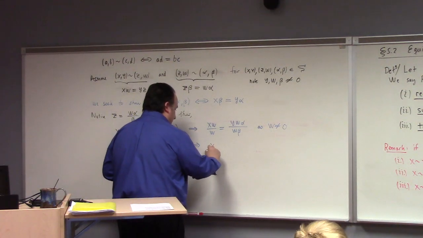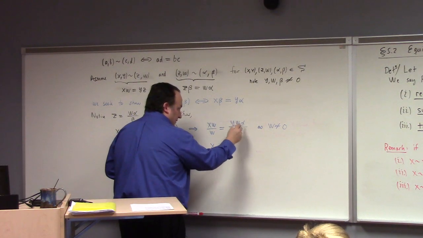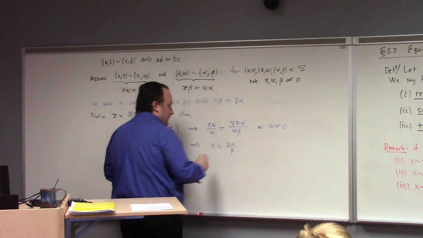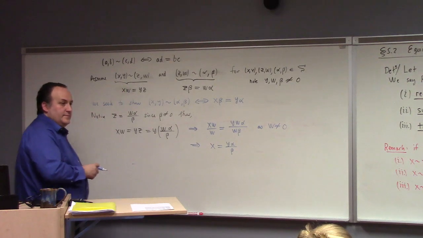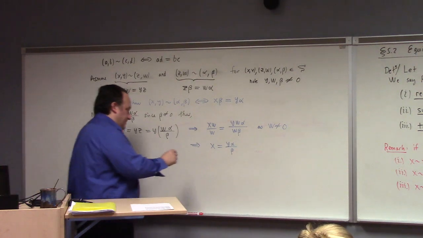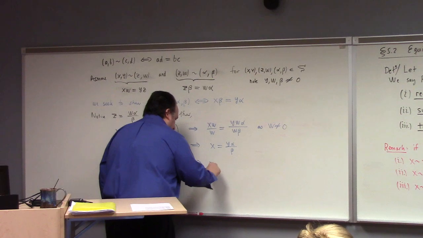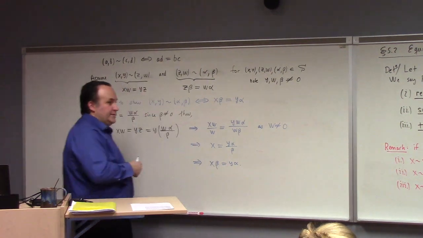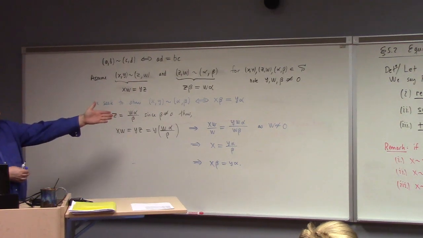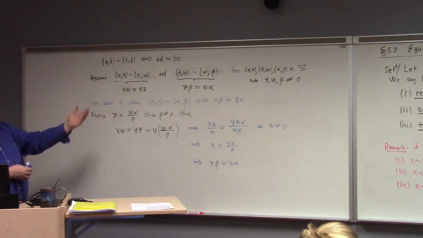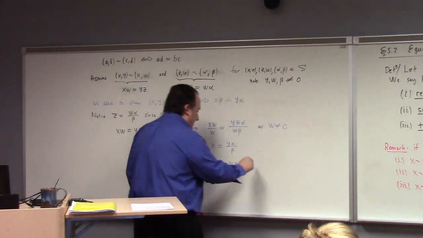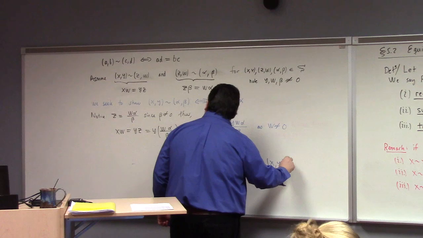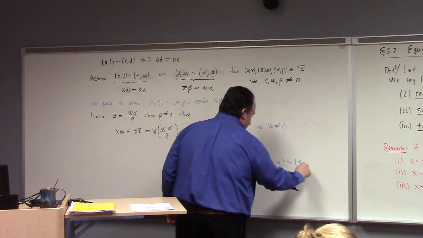So that gives us X is equal to Y alpha over beta, which then tells me that X beta is equal to Y alpha. So your idea was excellent. It's exactly what we needed to do. Because now, therefore what? XY is equivalent to alpha beta.